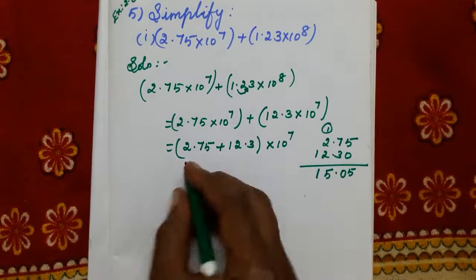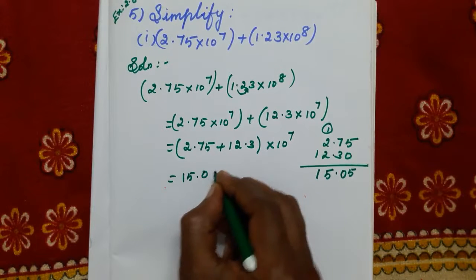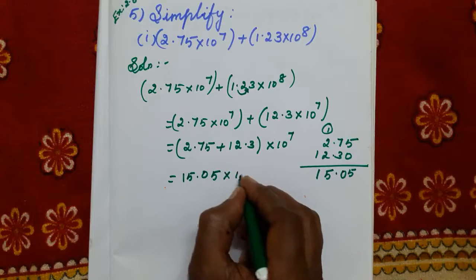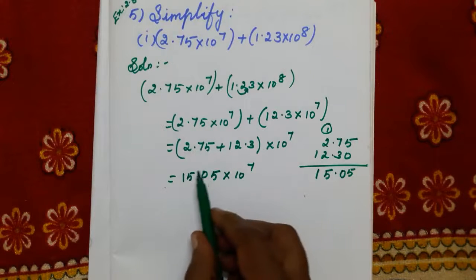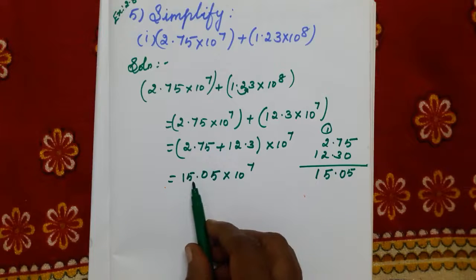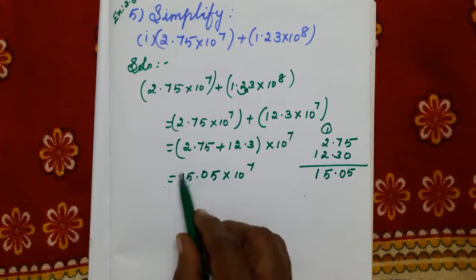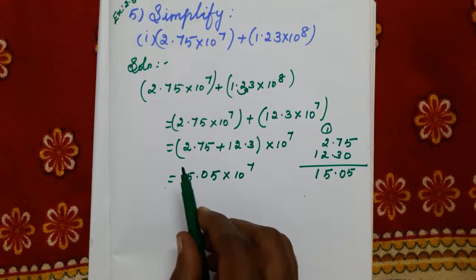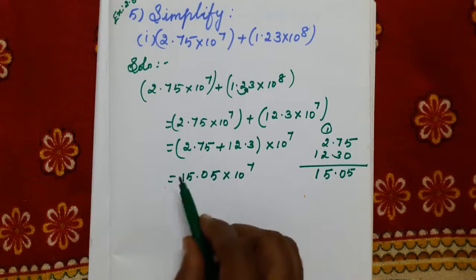So what we are getting here: 15.05 into 10 power 7. Now, is it in scientific notation? No. Why? Before the decimal place, how many digits are there? 2 digits are there. In scientific notation, only 1 digit should be there.